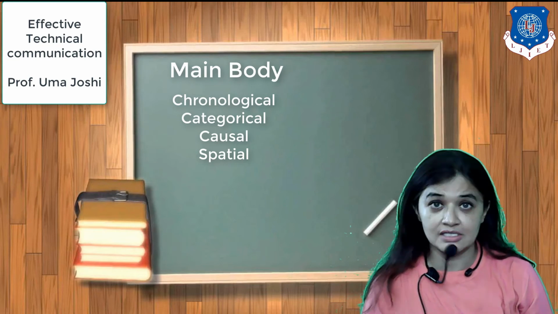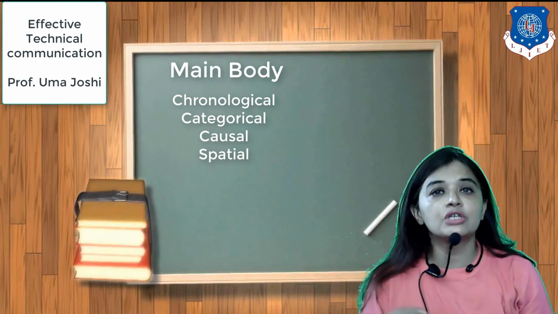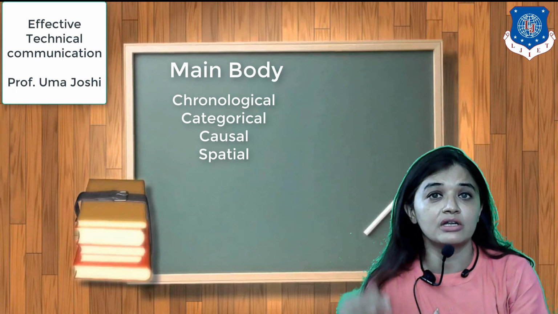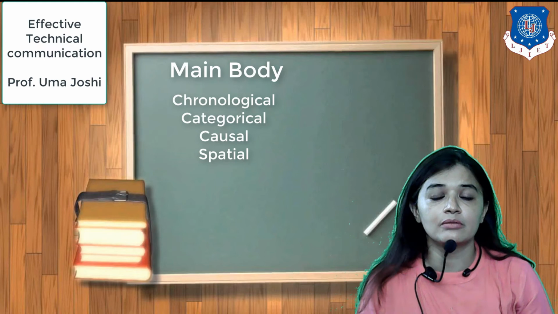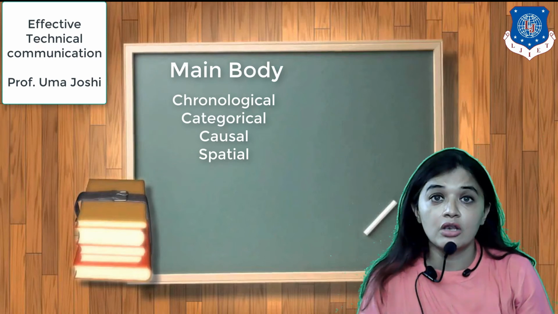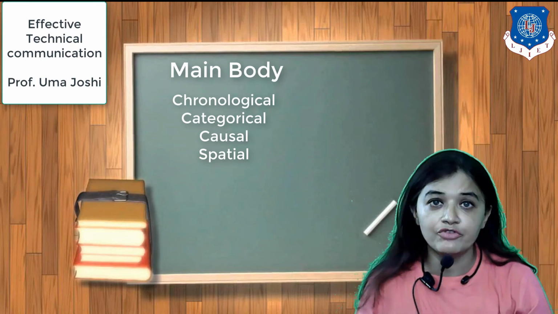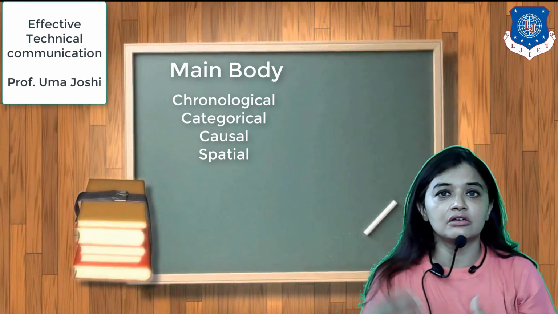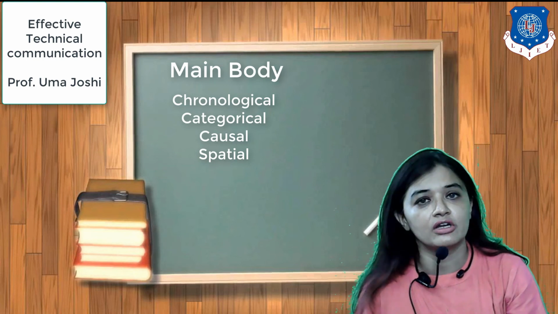As the word suggests, chronology means sequence. Here you are arranging your information in the sequential order of its occurrence. For example, if you are talking about the history of football, then you will start from where and when football started, and then what happened year on year, in a sequential order of its occurrence.